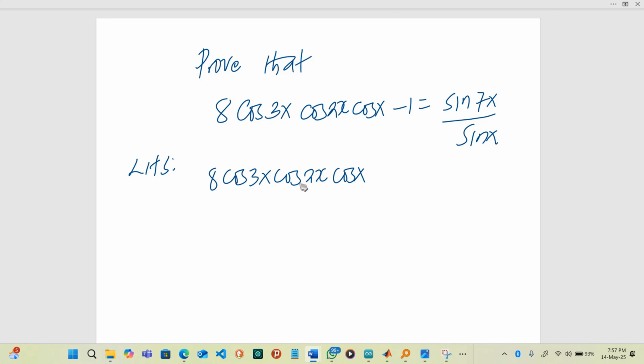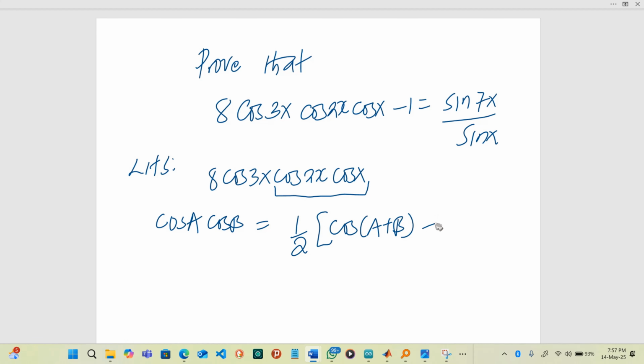But here we can see we have the same cosine ratios, meaning we have cos of different angles. So we can say we are looking at cos A cos B if we just look at this only. So this becomes a half into cos of A plus B plus cos of A minus B.